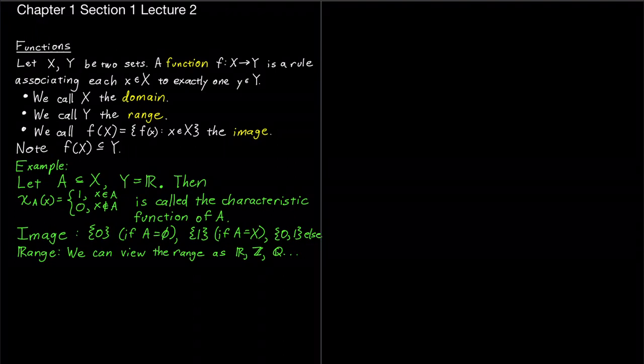So if you're given a function, its domain is sort of very natural, but the range is a lot squishier. It's sort of not clear when you're given a function what the range is supposed to be.